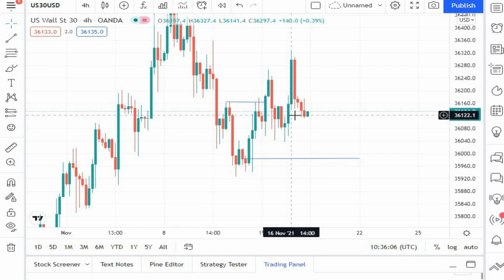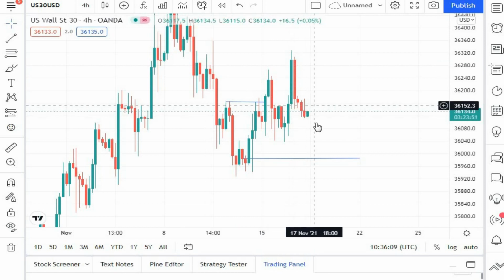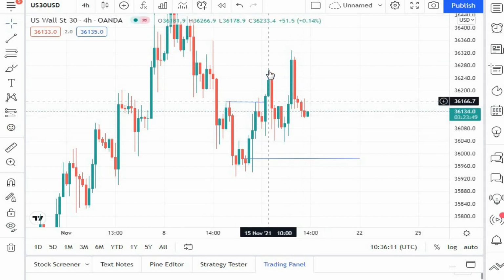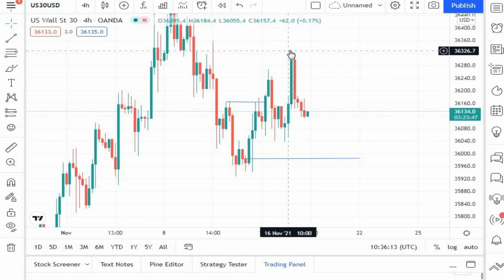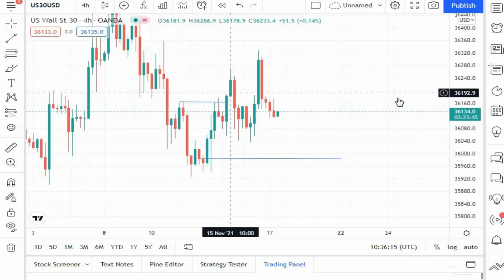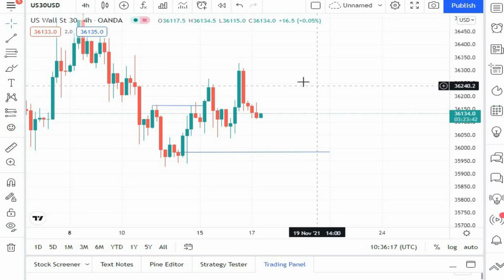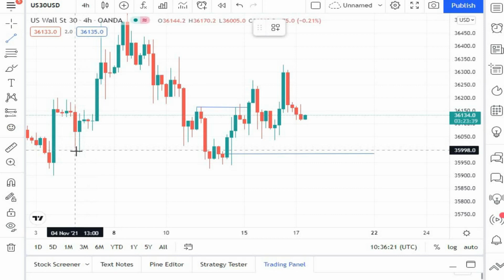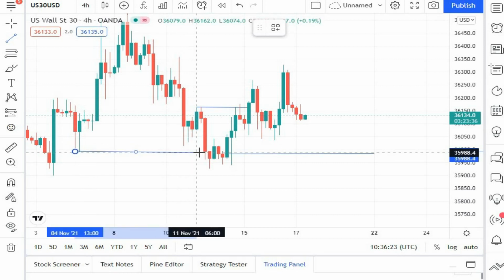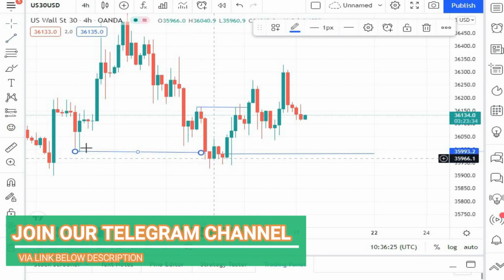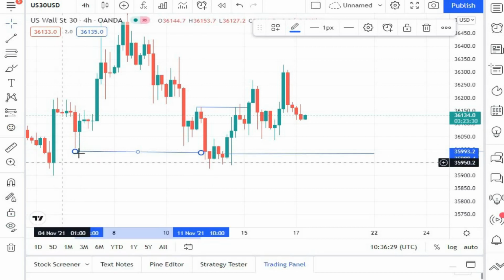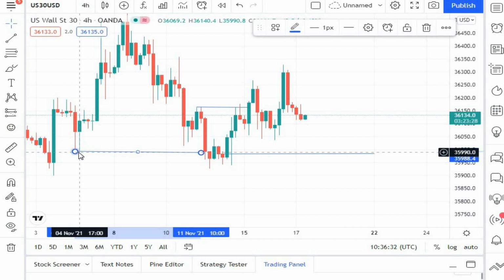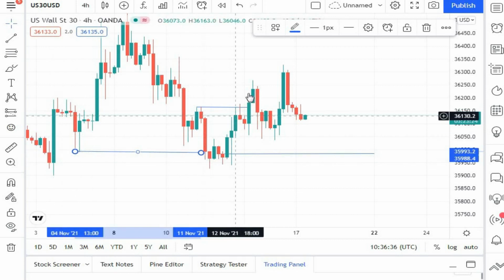So now you are expecting the price to continue going down, and you can see this will be a first leg, second leg, and you expect the dealer to continue going down. Why? Because the structure of the market right there was taken out. You can see that was our previous higher low. So the dealer just took out this previous higher low and also respected this OB, and then the price went up.